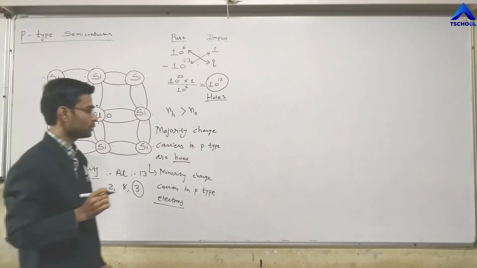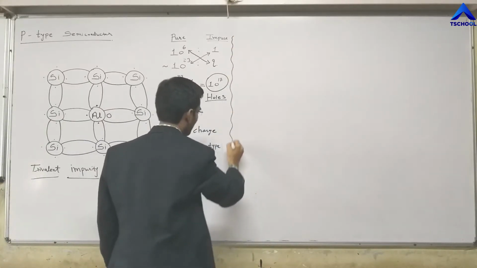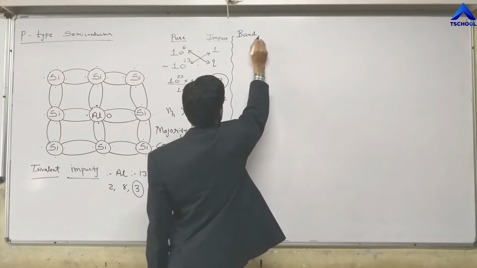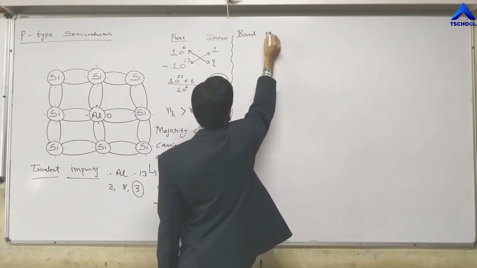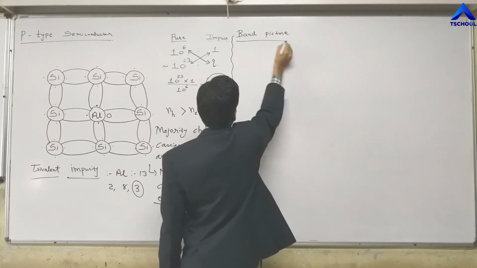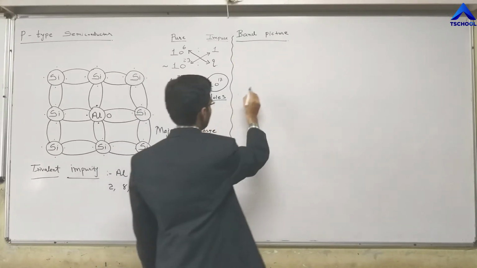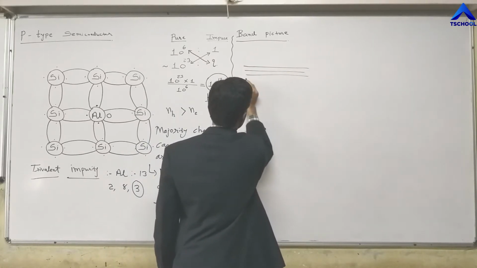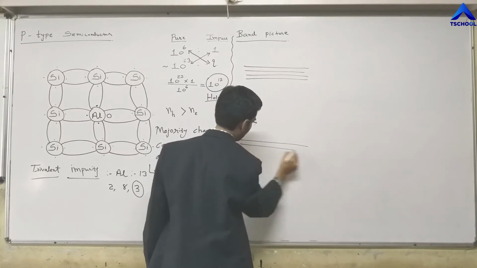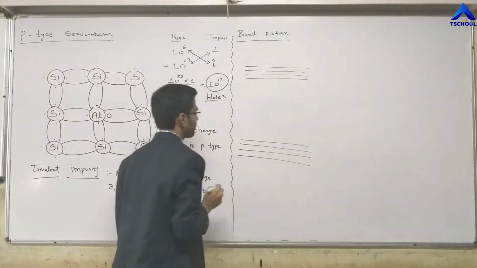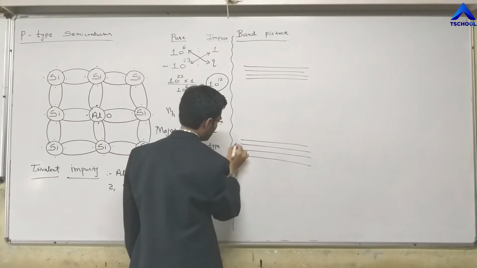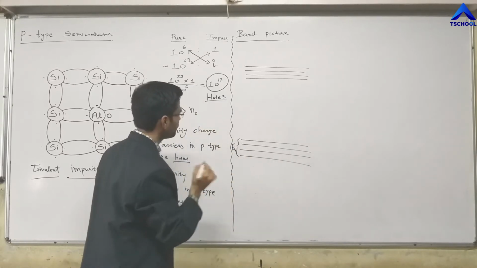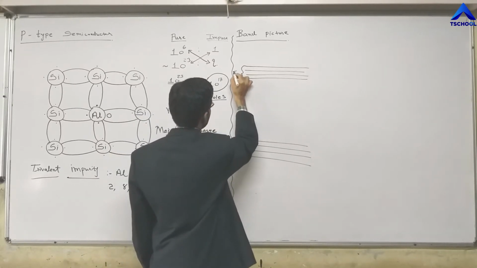Now, the band picture, or band energy diagram, for the p-type semiconductor. At absolute 0 Kelvin temperature, the energy level of the valence band is represented by EV and the energy level of the conduction band is represented by EC.